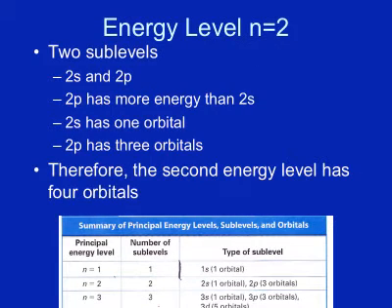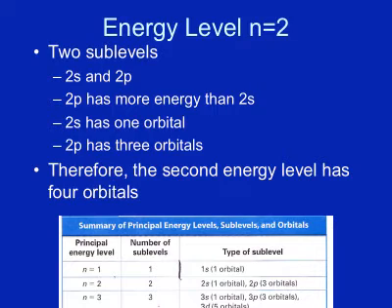Okay. Well, let's look at the second energy level. How many elements are in the second energy level? 8. So how many electrons do we worry about maximum? 8. There are 8 elements, so at maximum I need houses for 8 electrons. Each orbital can hold 2 electrons, so how many orbitals do I need? 4.